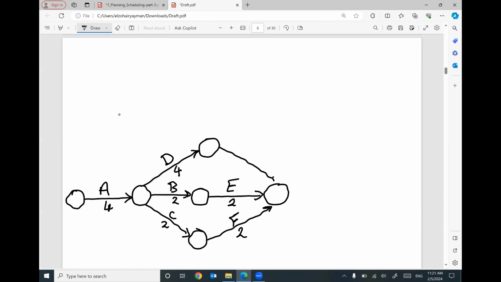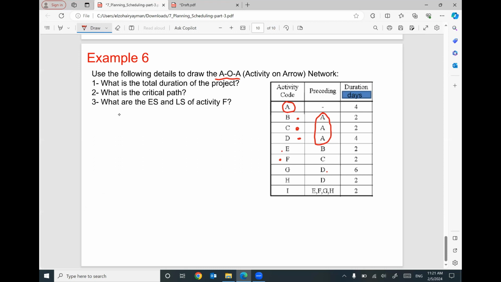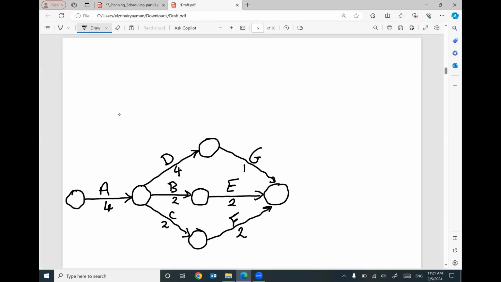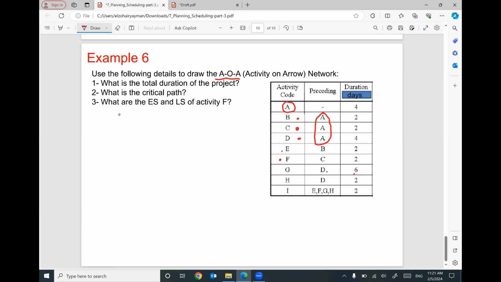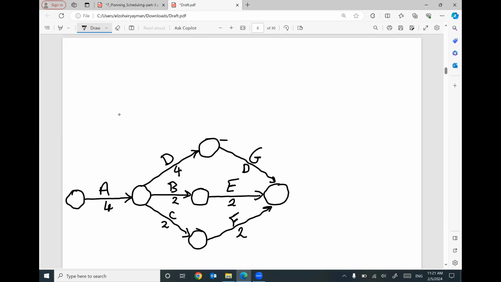So this is G with a duration equal to 6, following D. That makes sense? Also, we have activity H following D with a duration of 2. So how can I make it? I can put H here like this, with a duration equal to 2, following D.